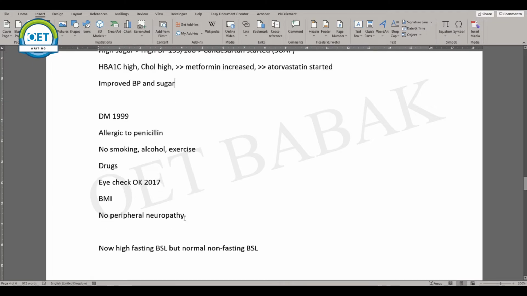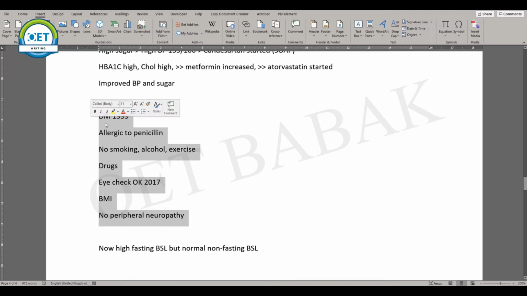Now here, this is a paragraph which is our good to know, or background information. Which one should I put first? DM started 1999.